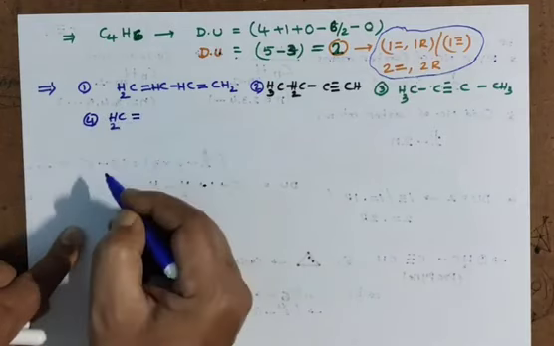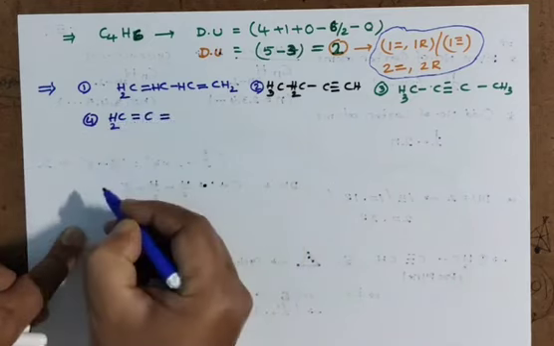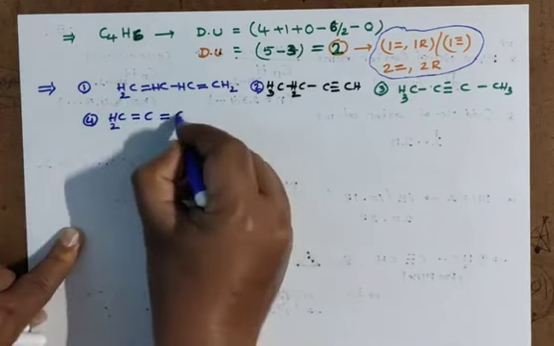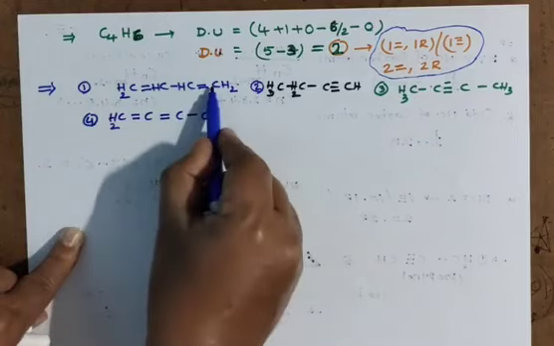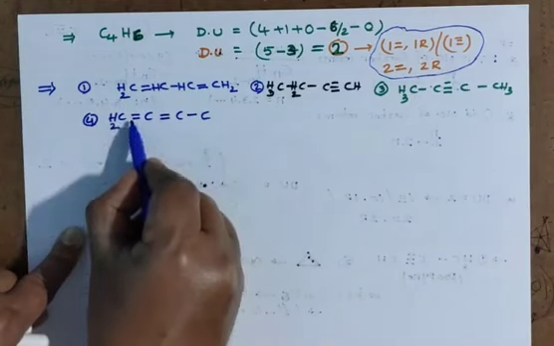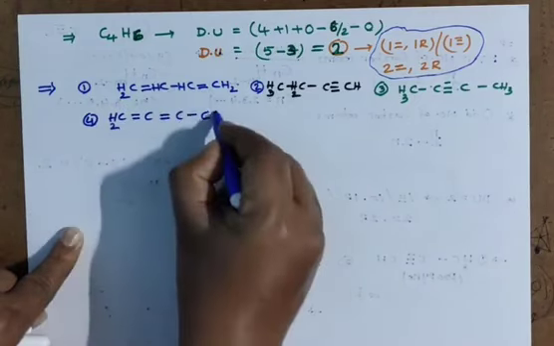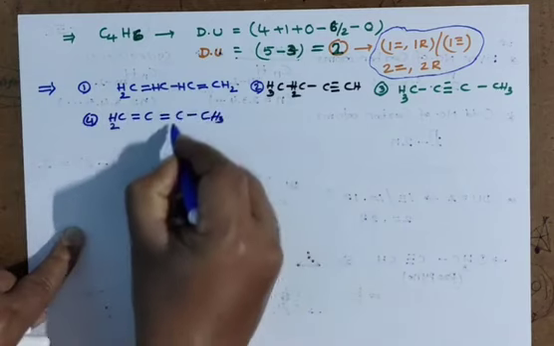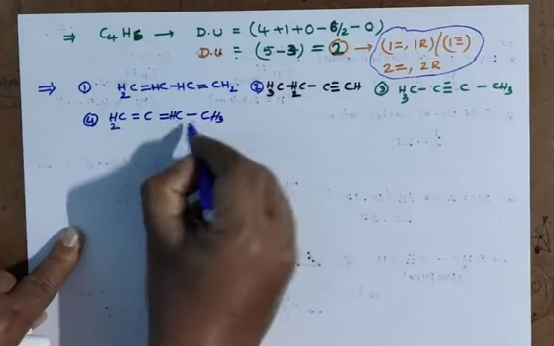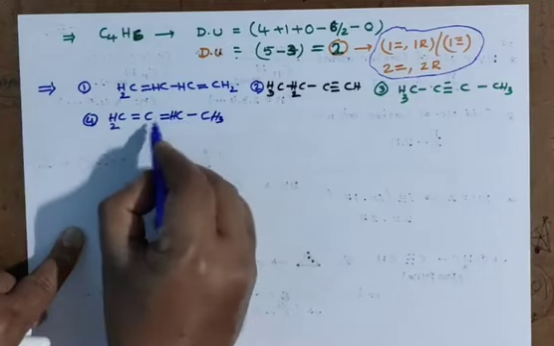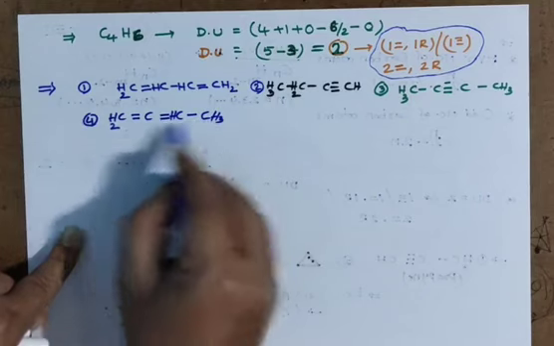Here I took already C double bond C. See here double bond position and here this double bond position changed to here. Now I am getting CH3 and this is now CH, this carbon, and now this carbon getting 4 bonds. Clear? And this is one more.